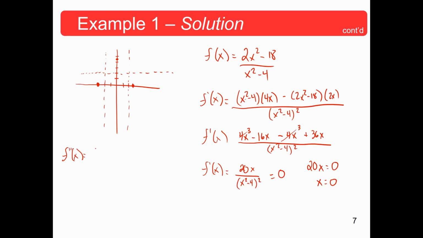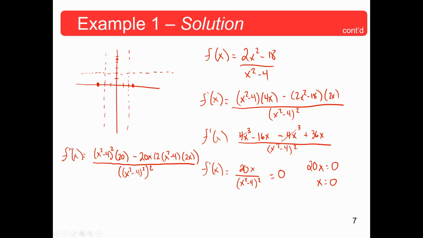So low d high minus high d low. We have to multiply the 2 times x squared minus 4, decrease by 1, and then the derivative of inside. All over x squared minus 4 squared, low low.